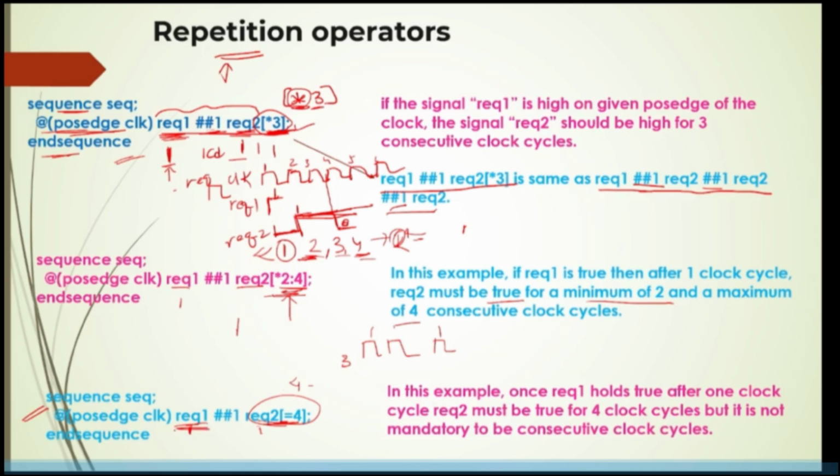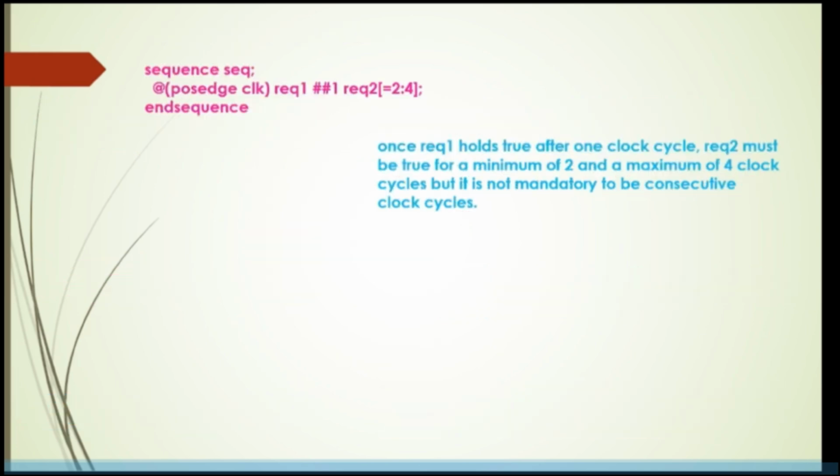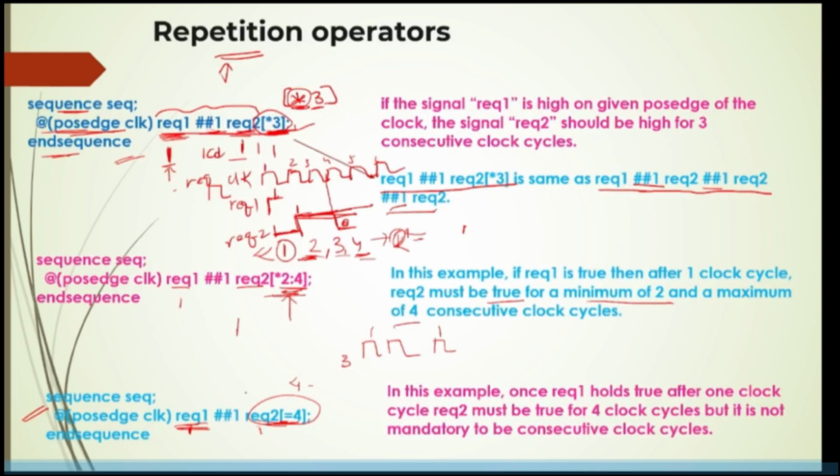Clear? So this is the condition for this manner. In these many ways you can write the assertions based on the logic and the condition that you are writing on that particular input. You will be using all these ways. Now the same thing here, these star indicates that they are consecutive. That means here, 3 clock cycles consecutively, either 2 times or 3 times or 4 times, it should be high.